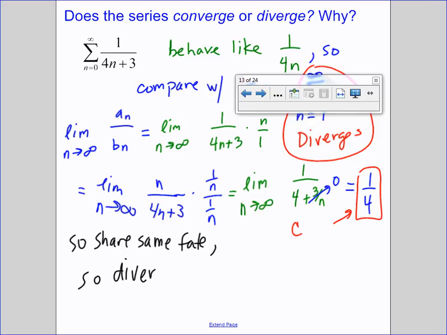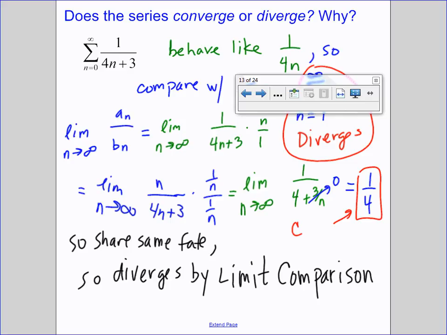So my A series diverges by limit comparison. Hey, that's pretty sweet. In fact, the math so far has been easier than the ratio test. Have you guys seen that? It's kind of been easier than the ratio test.